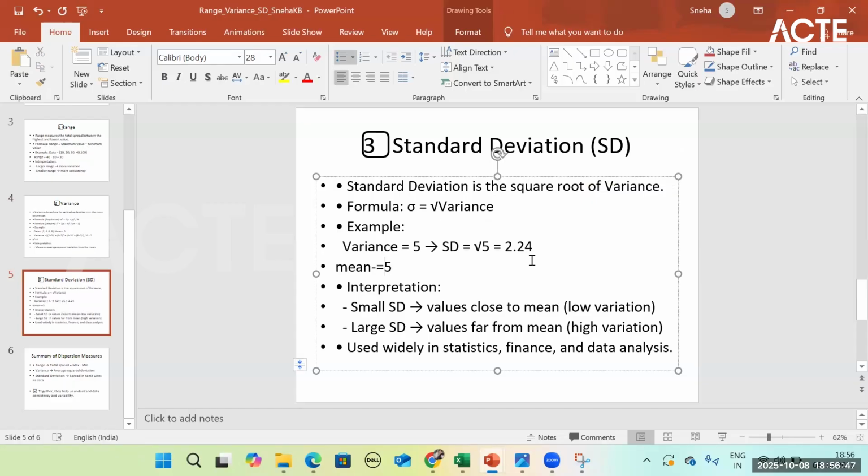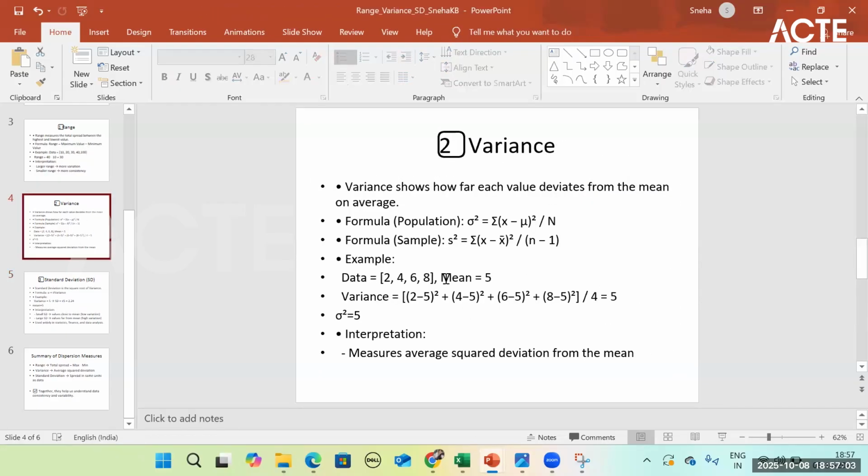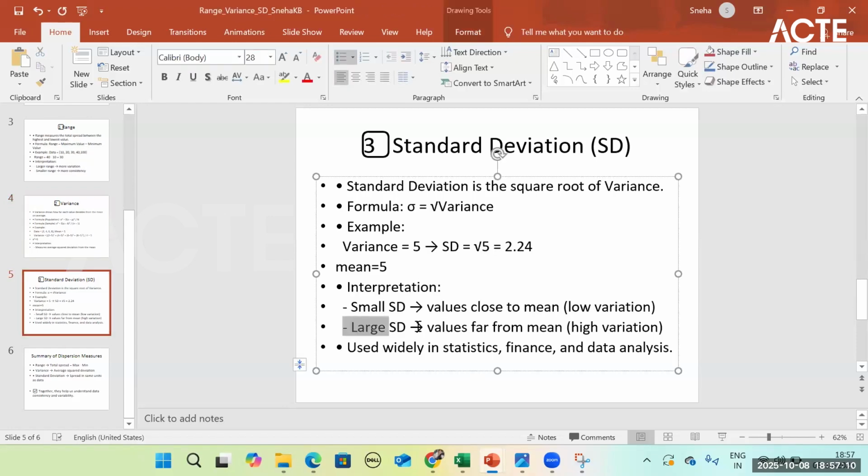So a small standard deviation tells you the values are closer to the mean. Here, all the values are a little closer to the mean. When there is a large standard deviation, all the values are far from the mean.